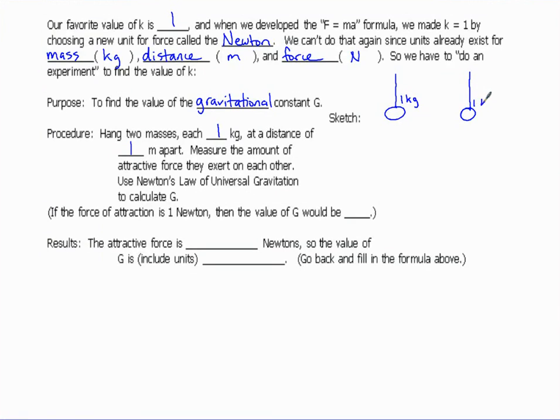Here's our second 1 kilogram object. And center to center, they're 1 meter apart. Measure the amount of attractive force that they exert on each other. Use Newton's law of universal gravitation to calculate G. If the force of the attraction is 1 Newton, then G would be 1.